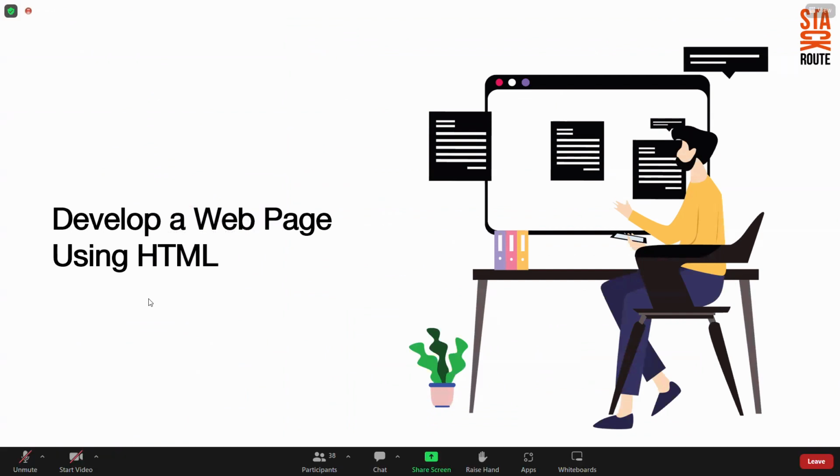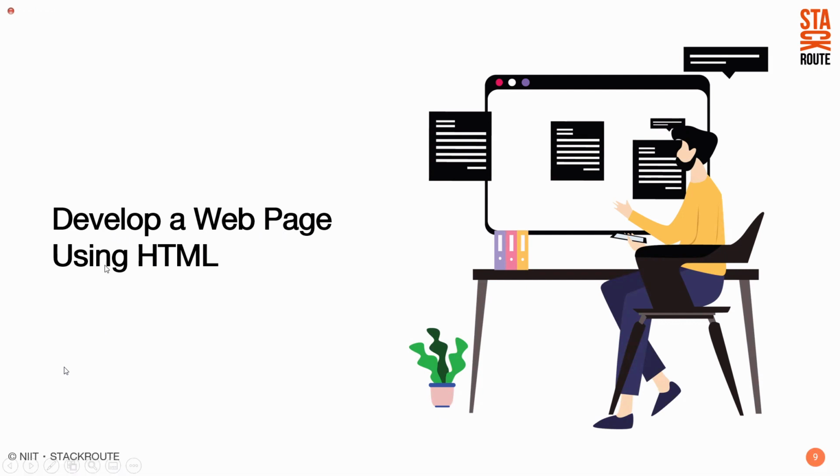That is why, if you look at the topic, we are going to develop a web page using HTML. HTML stands for Hypertext Markup Language, the language used to develop a web page. A collection of web pages can be put together as a web application.